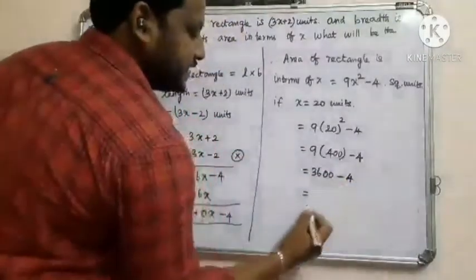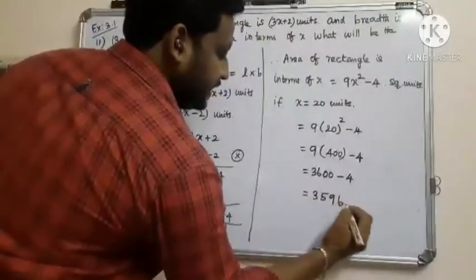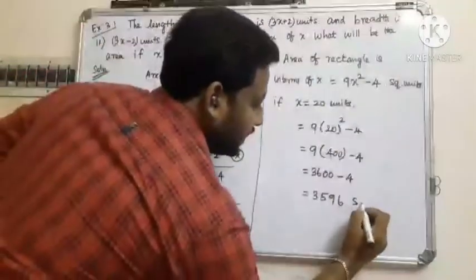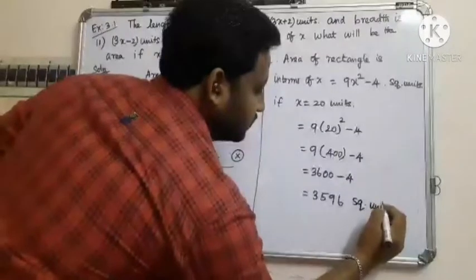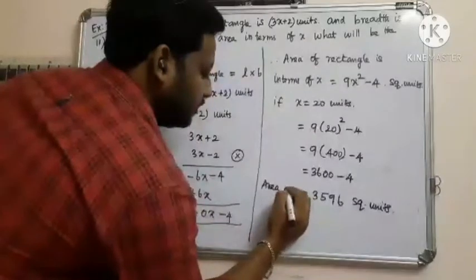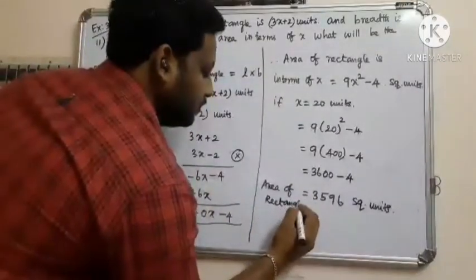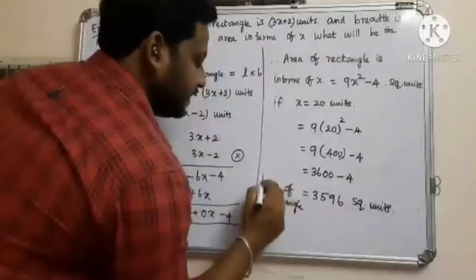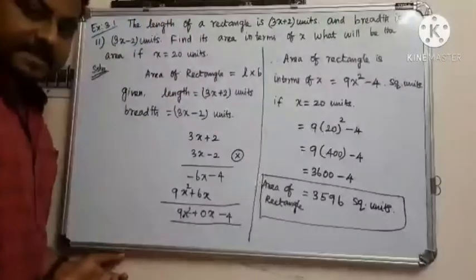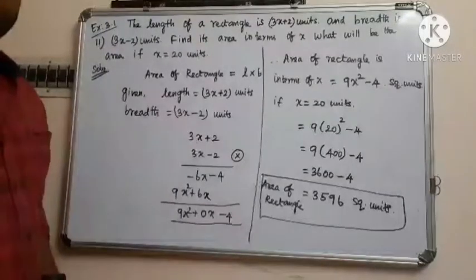Now 3600 minus 4 is equal to 3596, and the unit is square units. Therefore the area of rectangle is equal to 3596 square units. Clear? This is a very important 5 mark question.